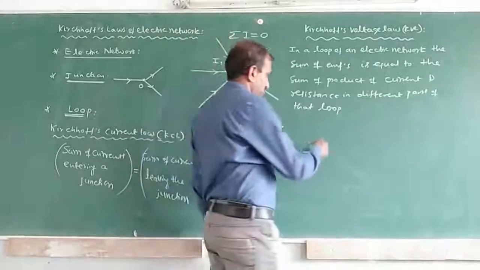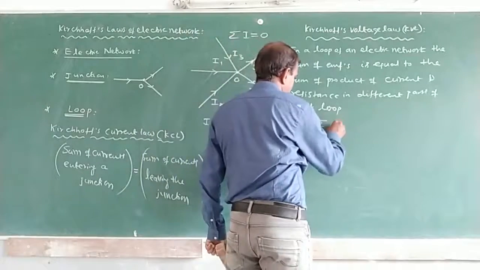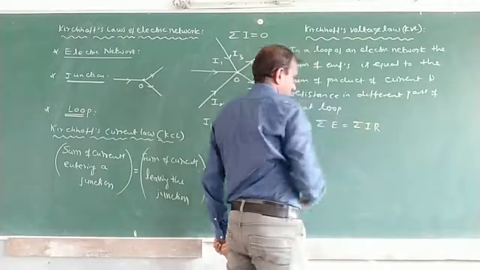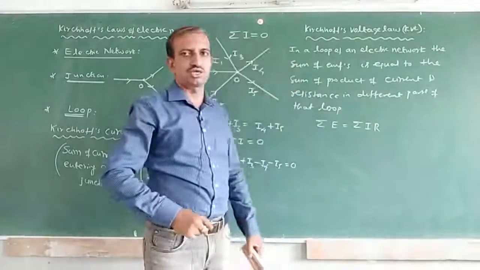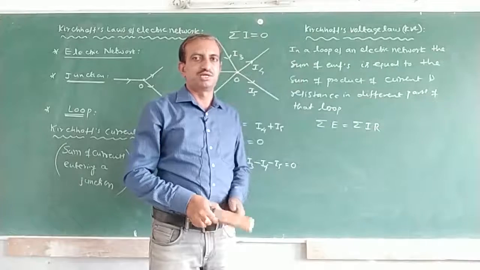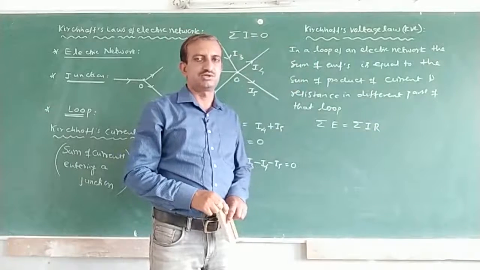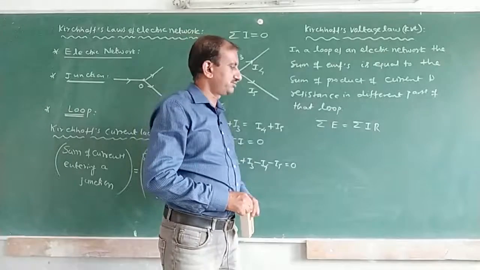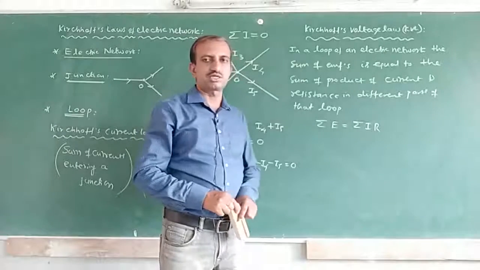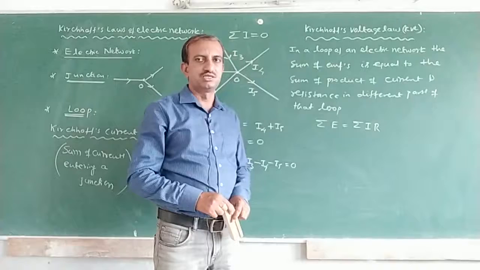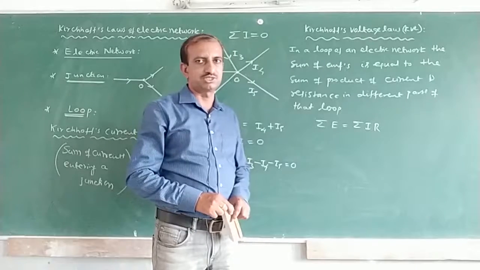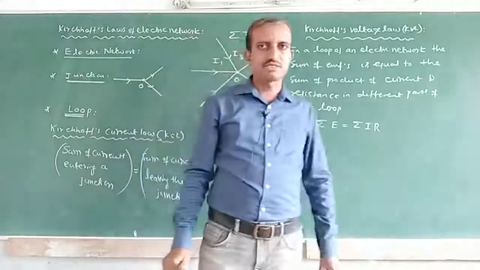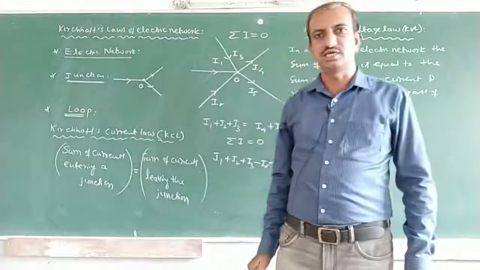It says that sigma E is equal to sigma I into R. So the total EMF in the loop of an electric network is equal to the sum of the product of the current and the resistance in different parts of that loop. This is called the Kirchhoff second law. This Kirchhoff second law is based on the law of conservation of energy.